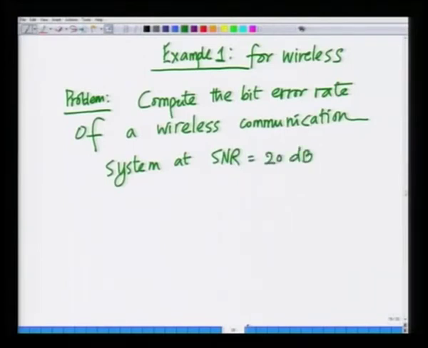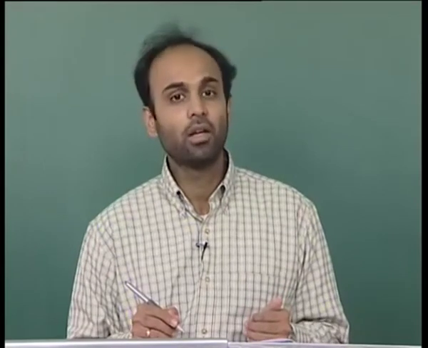So, what are we trying to do? We are trying to compute the bit error rate of a wireless communication system at an SNR of 20 dB. Now, remember, SNR in dB is 10 log 10 of SNR.